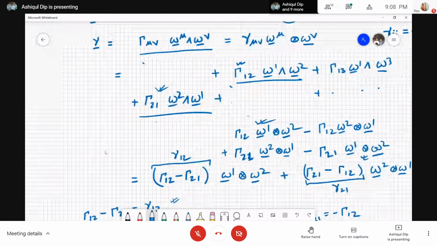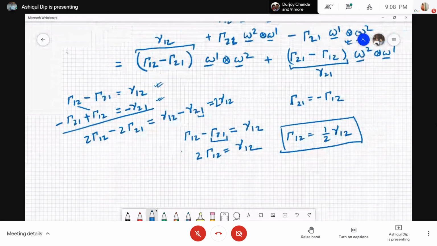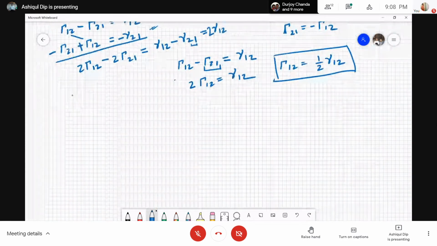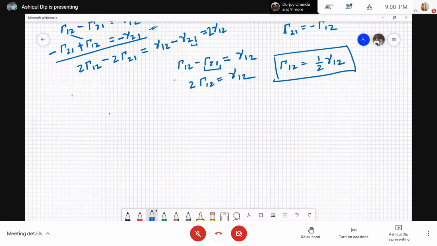So let's summarize. You have seen this half factor over there. Whenever you want to write a 0 2 tensor, like a 2 form, written in terms of 0 2 tensor basis, your gamma should be like this: gamma mu nu, say omega mu times omega nu.